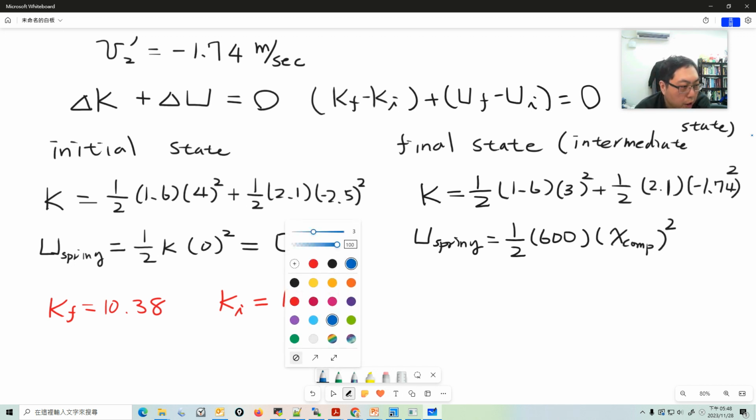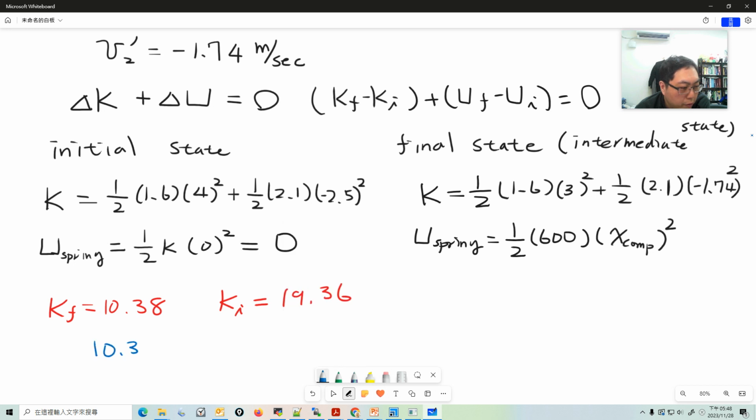So Kf minus Ki equal to Uf. Uf is 300 times the compression value squared.